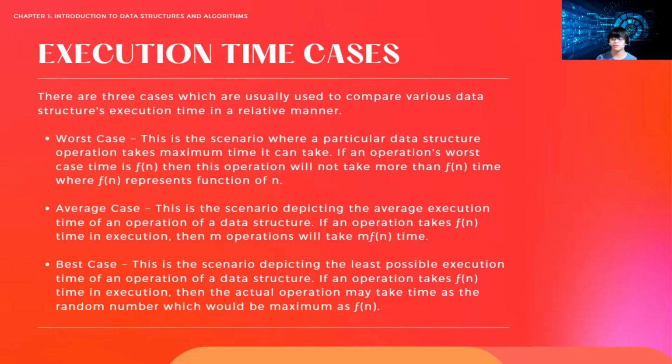Or a simple definition to make it easier to understand: when you are expecting that this code will take 10 seconds to execute, and then after you execute it, you see that the average time is, let us say, around 15.